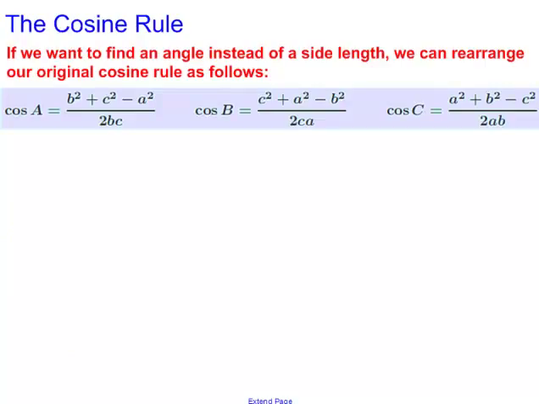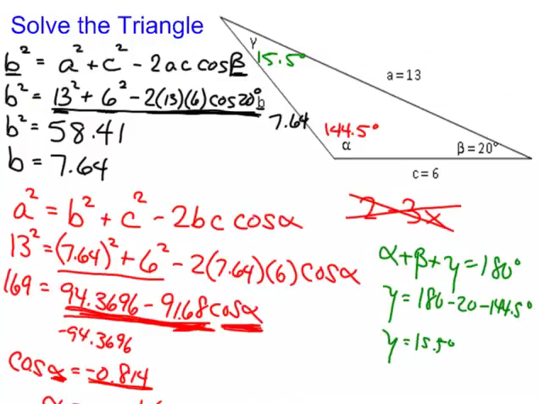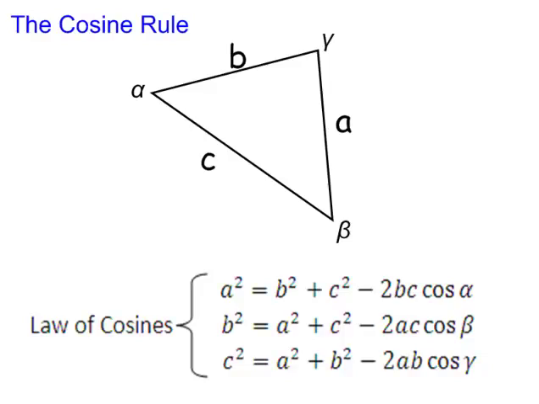So if we want to find an angle, maybe instead of a side length, which we did in the previous example, we can actually solve this law of cosines for that cosine piece. Okay? And again, this is going to be in your information packet. I believe the form that is in your booklet for each of these, I'm pretty sure, is this one for the law of cosines, the initial one we looked at.